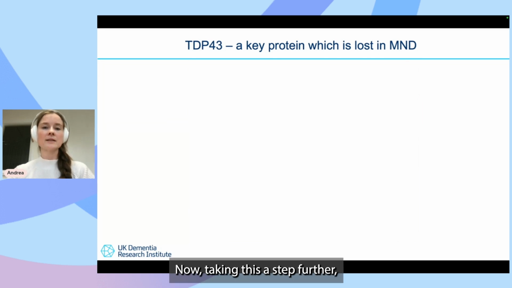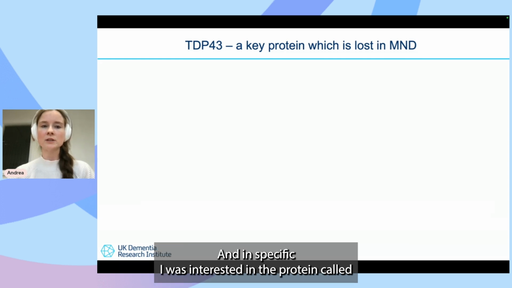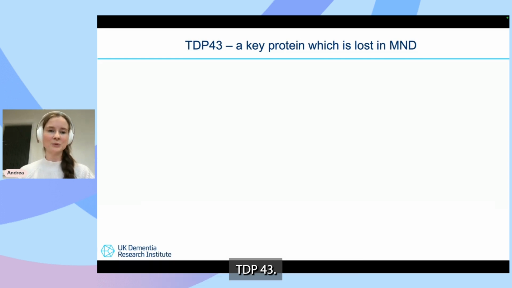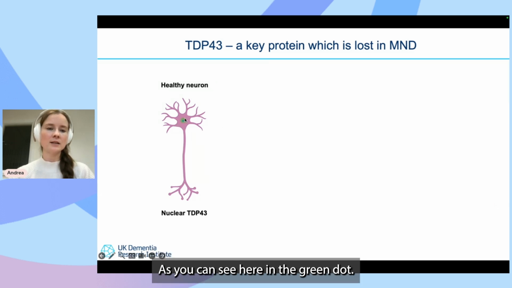Now, taking this a step further, we wanted to apply it to motor neuron disease. And in specific, I was interested in the protein called TDP43. So in a healthy neuron, TDP43 is expressed in the nucleus of a cell, as you can see here in the green dot.